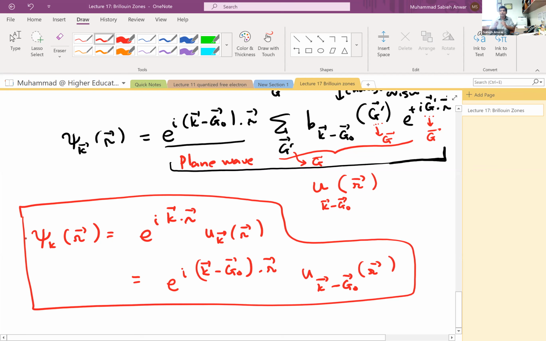And this G naught is a reciprocal lattice vector. So I can add any reciprocal lattice vector to K. I could add G naught, minus G naught, 2G naught, 3G naught, minus 3G naught, 100G naught, 500G naught, minus 60G naught. I can add any multiple of a reciprocal lattice vector to K. The Bloch function isn't going to change. The function is going to remain the same.